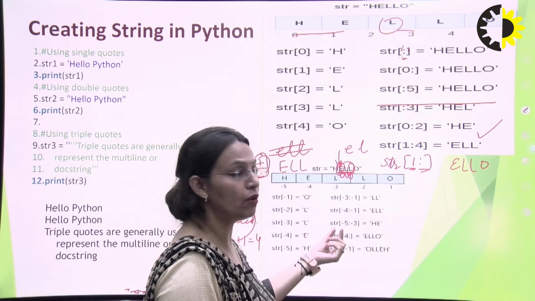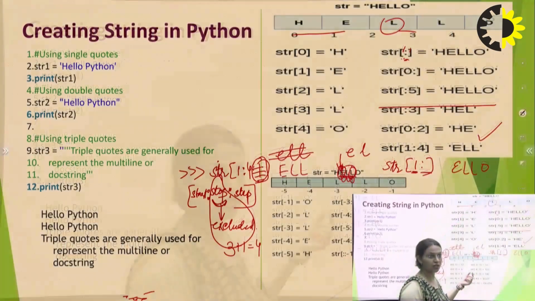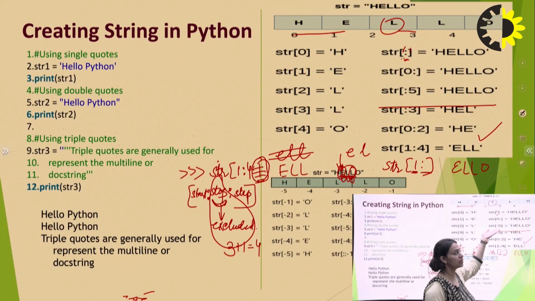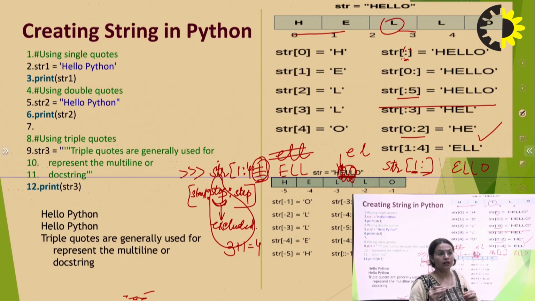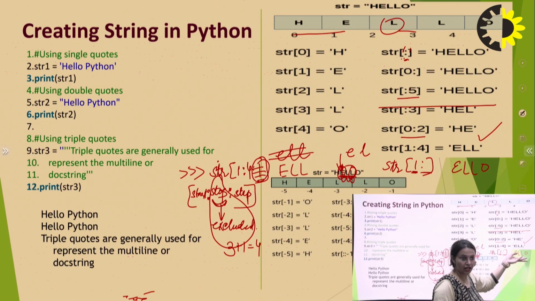But you only need to remember that if you are using two parameters in the slice, both these parameters will appear in ascending order. That means the start parameter will always be smaller than the stop parameter.